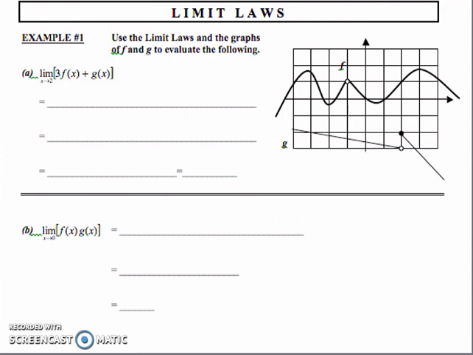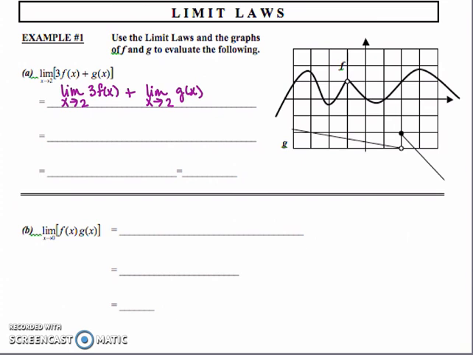So the first thing that we're going to do is use our limit laws, and we're going to say that the limit of the sum is the sum of the limits. So I'm going to rewrite this as the two limits being added together. So this will be the limit as x approaches 2 of 3 times f of x plus the limit as x approaches 2 of g of x.